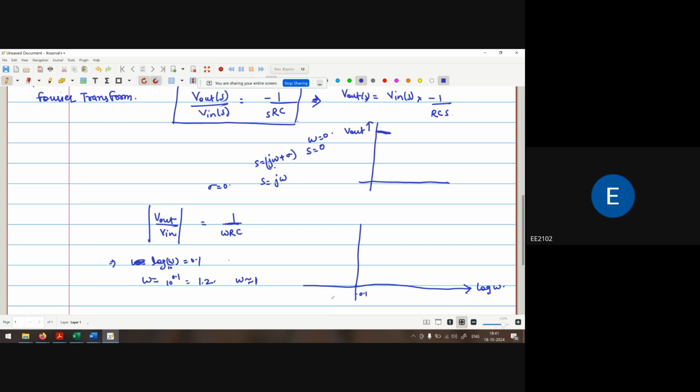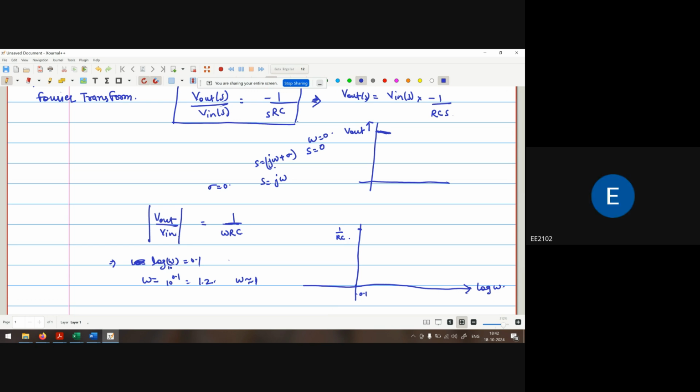Now, if log of omega is 0.1, what is the magnitude of this? 1 upon RC, for omega equal to 1.